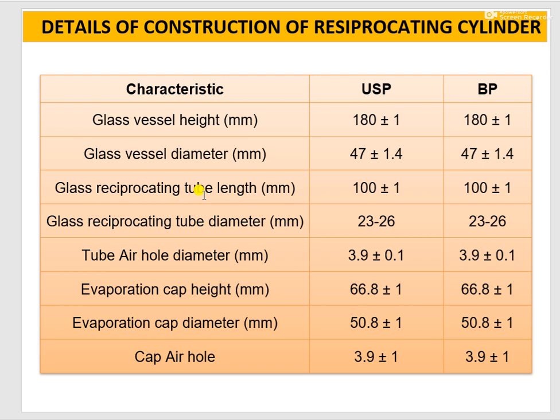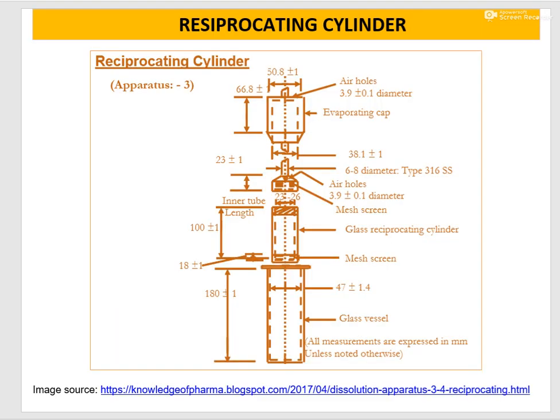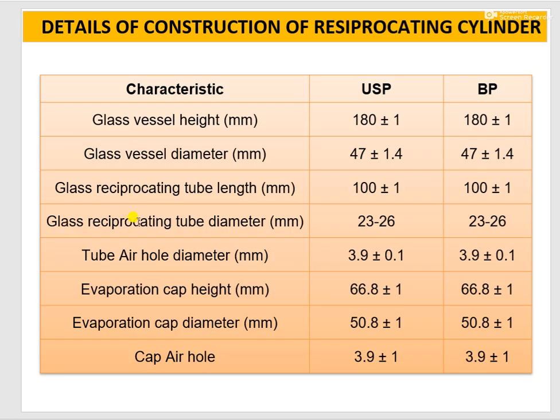Then glass reciprocating tube length. So this is the length of glass reciprocating cylinder, that means internal cylinder, that is 100 mm plus or minus 1 mm. Then glass reciprocating tube diameter 23 to 26, that depends on requirement of dissolution study.